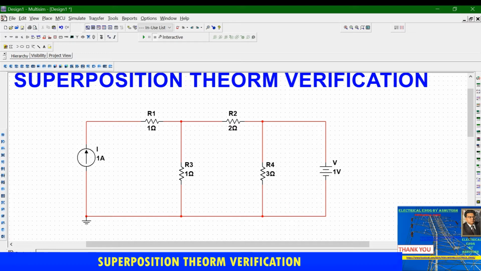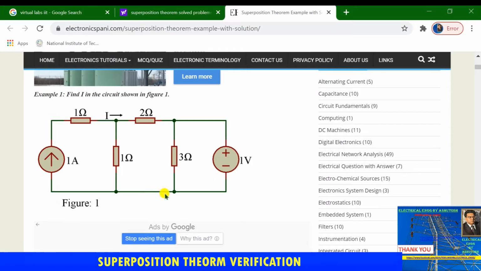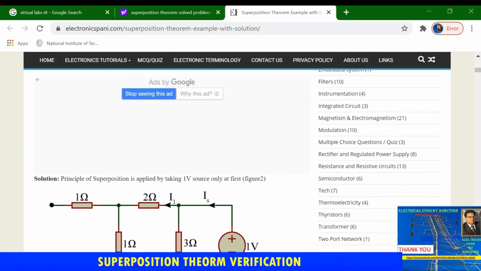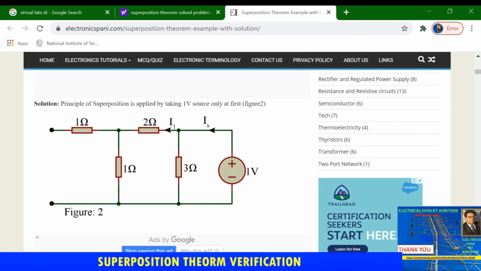So how is it solved? These are the steps. It is already solved. You can see here, this is the problem given here. So figure 1, and after that the current source is kept open circuited, and this 1 volt DC voltage supply is considered in the circuit.